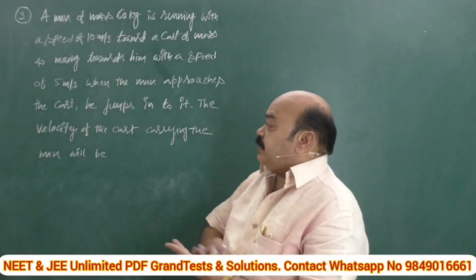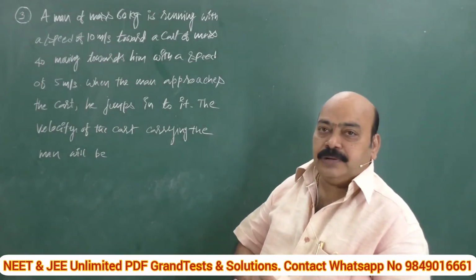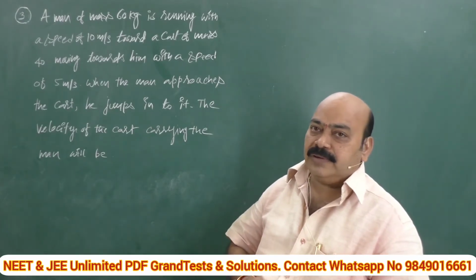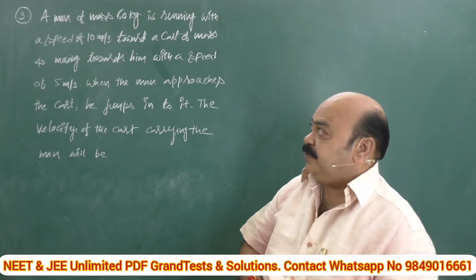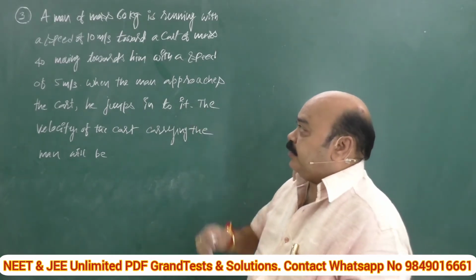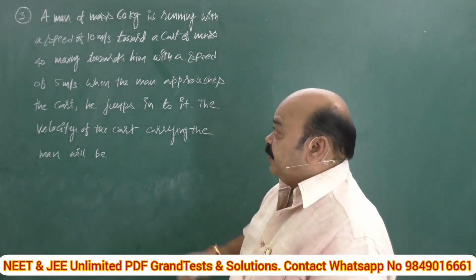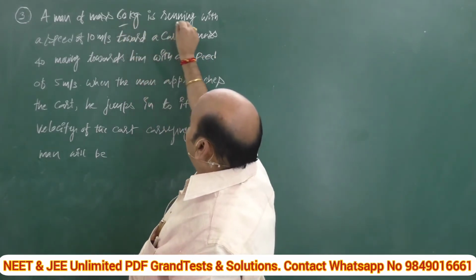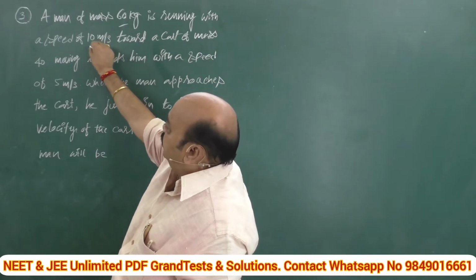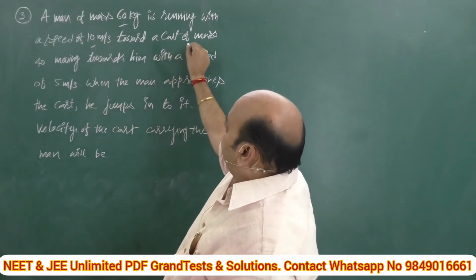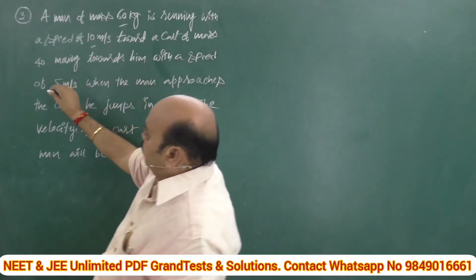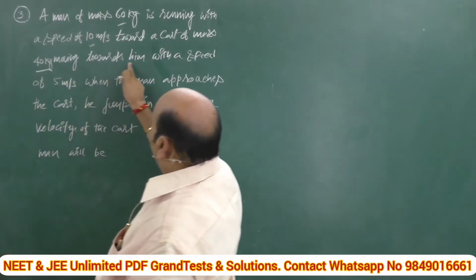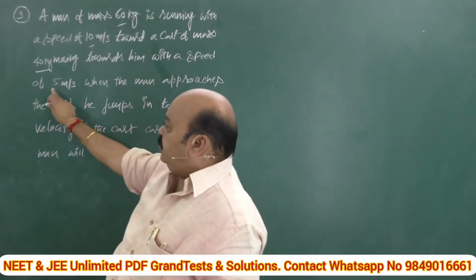Now, I will select a problem based on law of conservation of momentum. See how it is applicable in this problem. A man of mass 60 kg is running with a speed of 10 meter per second towards a cart of mass 40 kg moving towards him with a speed of 5 meter per second.